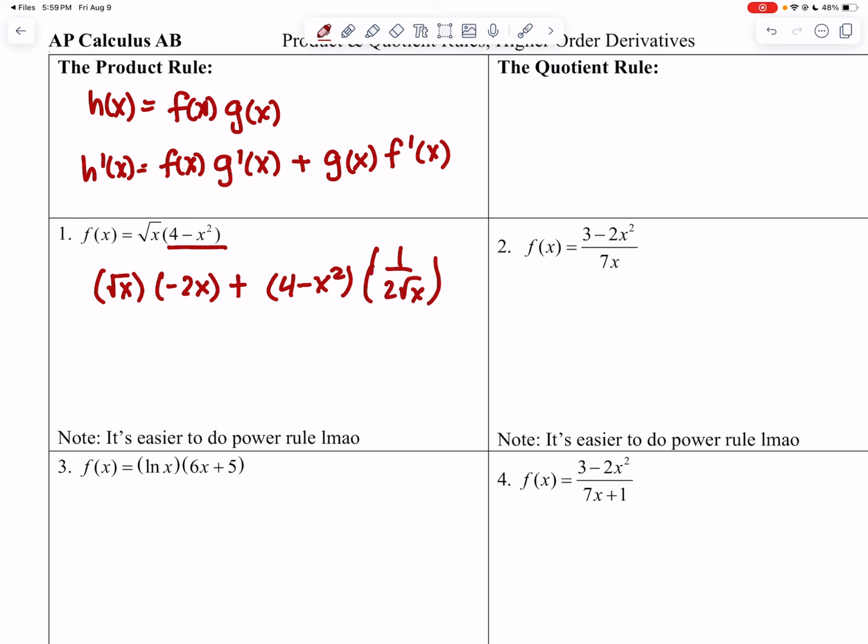And that's it. Now, I did give you a little side note that it's easier for us to do the power rule if I were to multiply this out. If I were to do the power rule, we're going to have 4x to the 1/2 minus x squared times x to the 1/2, which is x to the 5/2.